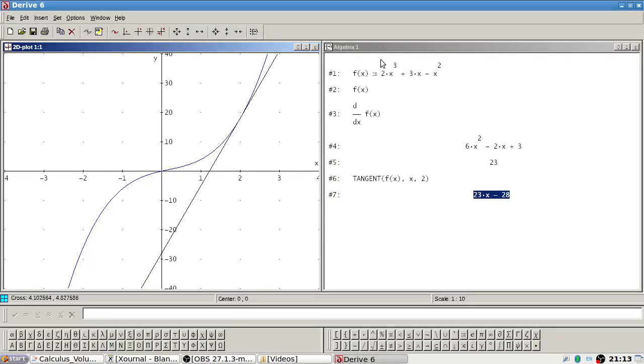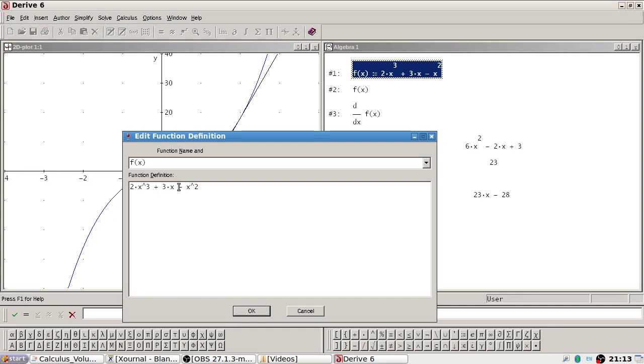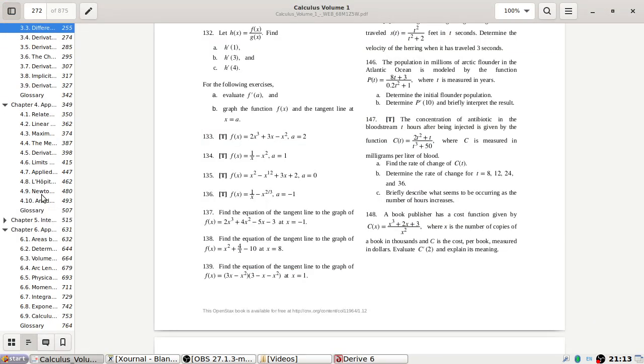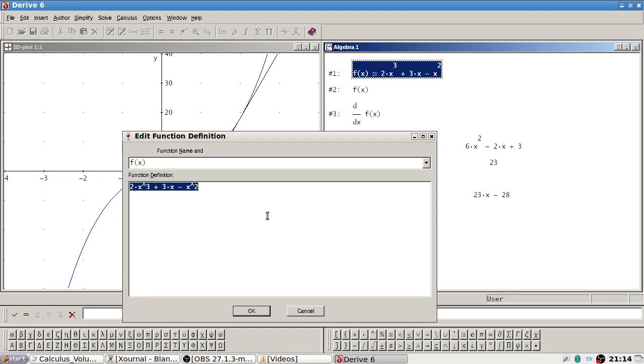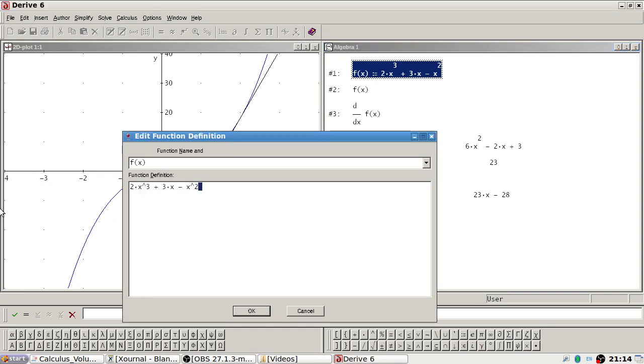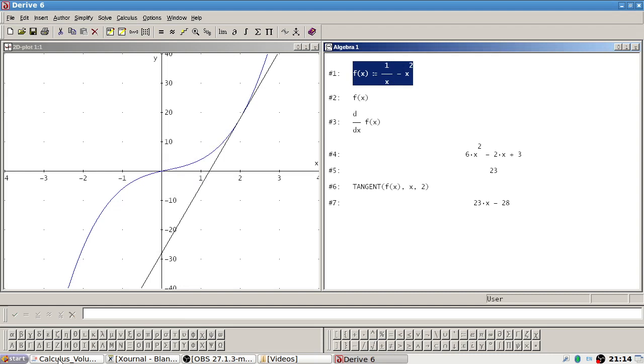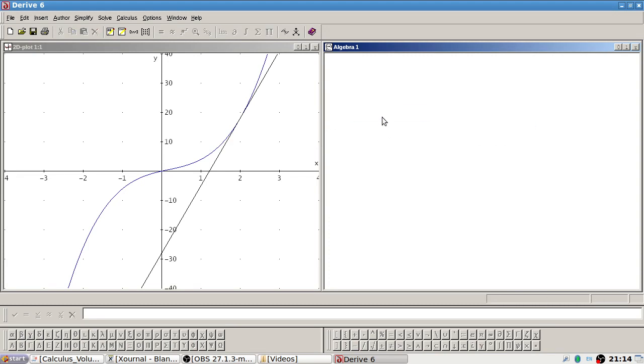Now the next one, I'll just have to change this to 1 over x. Oh, there it is. 1 over x minus x squared. I think that was it. And then a is 1.